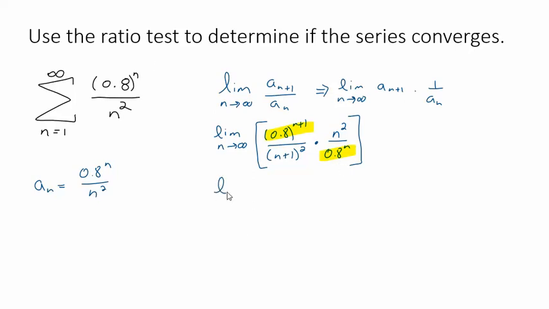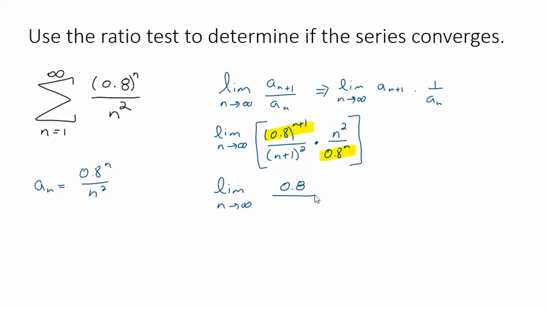So we're just going to have 0.8 to the first power in our numerator. Just 0.8. If this was 0.8 to the third and this was 0.8 to the second, you divide those and you just end up with 0.8.